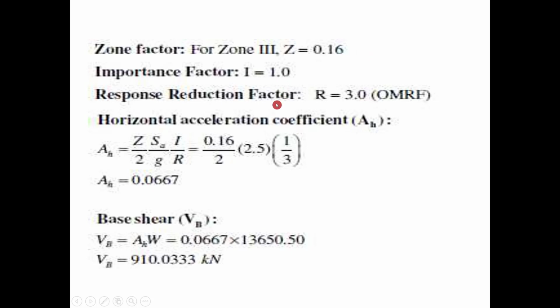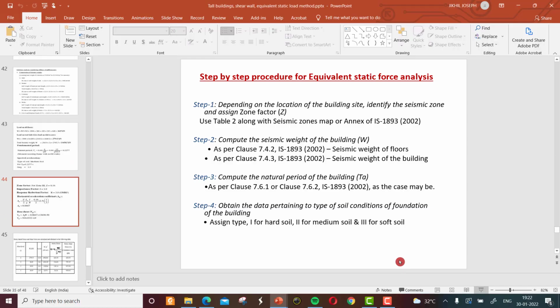Importance factor is 1. The response reduction factor is 3 for OMRF, which is given in the question. So we can find the Ah value as 0.0667, and the base shear is given by Ah into W. Ah we got from here, and the total base shear will come to 910 kilonewton.